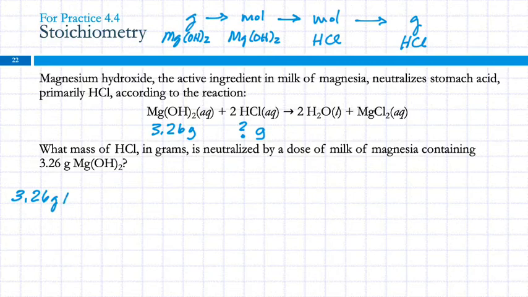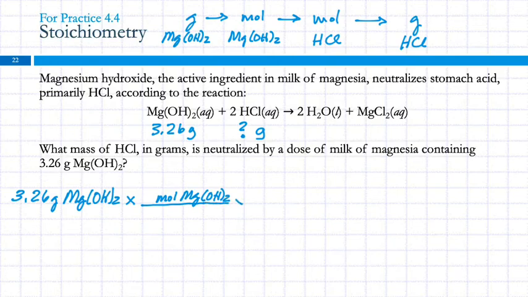3.26 grams of magnesium hydroxide. It is important to write the chemical formula because moles of magnesium hydroxide and moles of HCl are not the same thing, and it's so easy to get them mixed up. So I'm going to have 3 fractions here. I'm going to write the units as I go along so I have enough space. So I'm going from grams of magnesium hydroxide to moles of magnesium hydroxide.